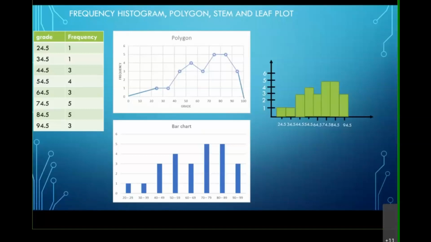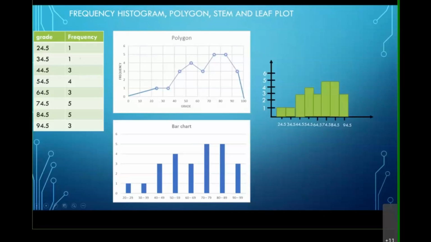Okay. So again, questions with this histogram. They won't ask you to construct the bar chart. They probably give you the bar chart and ask you information from it. They can ask what class has the highest frequency.